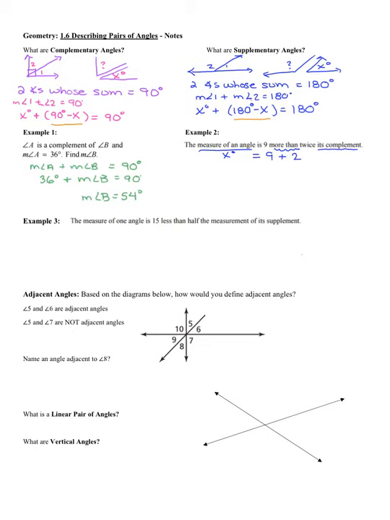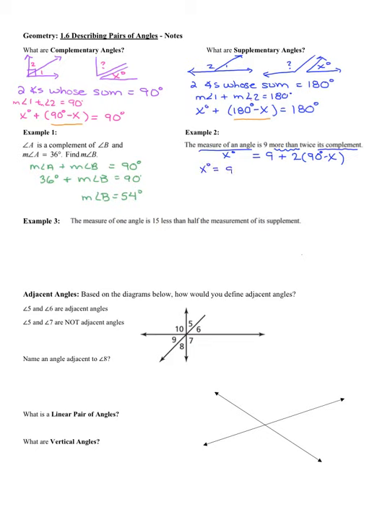Twice is multiplication, the complement. And remember, the complement of x we substitute with 90 minus x. So that helps us set up an equation, and we can then go through and solve this. So we're going to do it bit by bit. I'm going to start over here so I have some room.